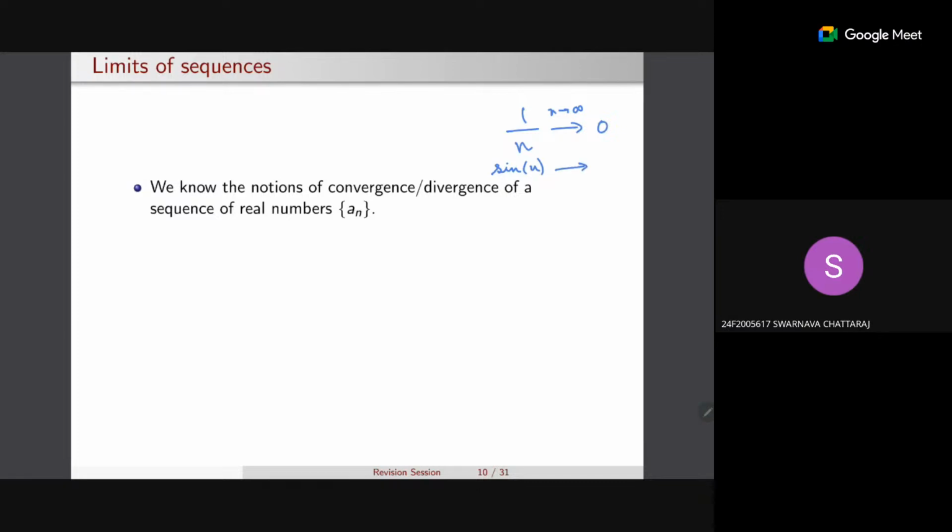It doesn't converge because it keeps oscillating. So you know that it has to go closer and closer to a point. There is a rigorous mathematical formulation of that, but that is not covered in the course and is not required. You understand at least what it means for a real number sequence to converge to a real number.